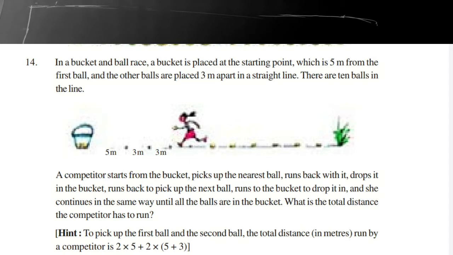A competitor starts from the basket, picks up the nearest ball, runs back with it, drops it in the basket, runs back to pick up the next ball, runs to the basket and drops it in, and she continues in the same way until all the balls are in the basket. What is the total distance the competitor has to run? Very simple and very interesting question and very important question too.